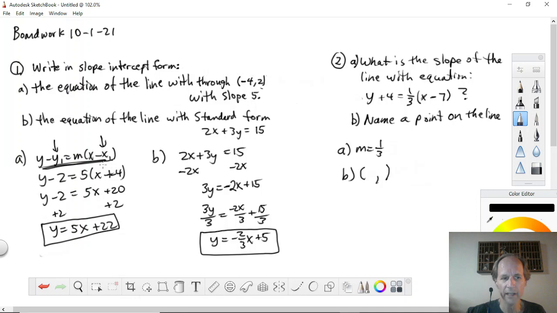Okay, let's do the x coordinate first. What is it in ours? What's subtracted from the x? You have to be a little careful with the sign, but see, the form is exactly the same. x minus something in our point-slope form. Well, here we have x minus something. So that something, that is our x coordinate, 7. It's positive 7 because that's what's subtracted.